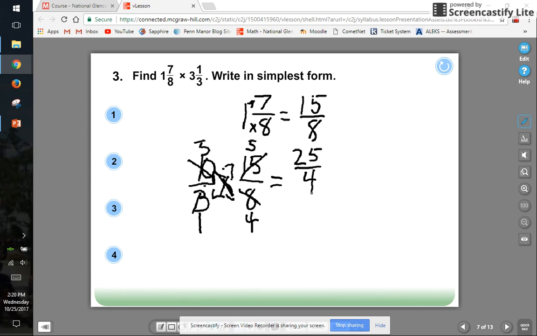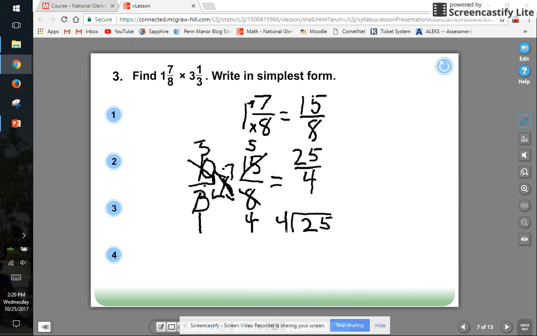Not quite done yet. I need to convert that improper fraction back to a mixed number. Every fraction I ever see is simply a division problem. My numerator goes here, denominator over here.